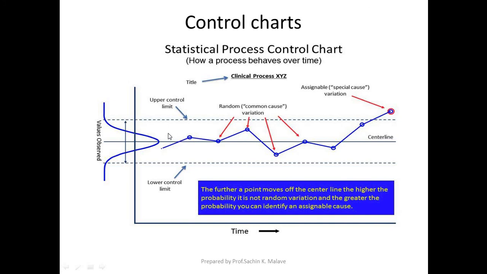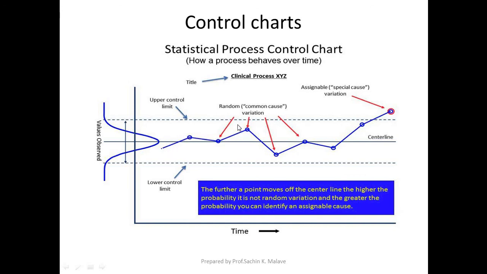That allowed variation is nothing but what is called tolerance. We have already learned tolerance. It is the difference between the upper control limit and lower control limit. So this dotted line shows the upper control limit, this line shows the lower control limit, and whatever characteristic is being measured, you have to plot.